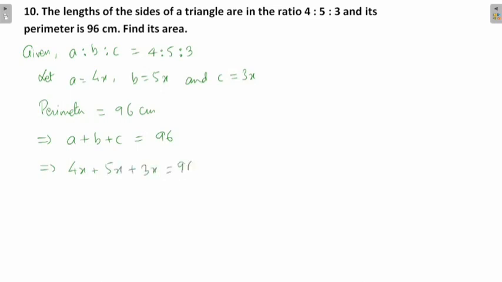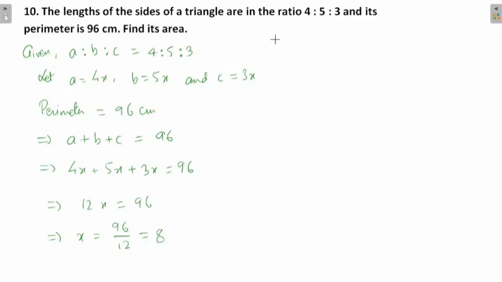Add them up and you get 12x equals 96. So what will be the value of x? It will be 96 by 12, which is exactly 8. So we got the value of x to be 8.